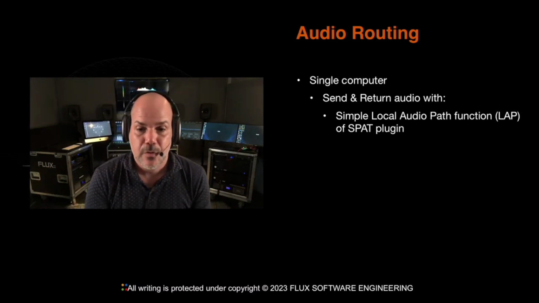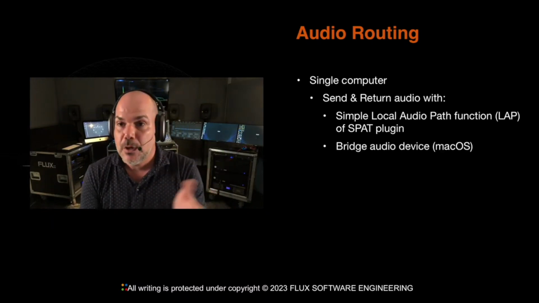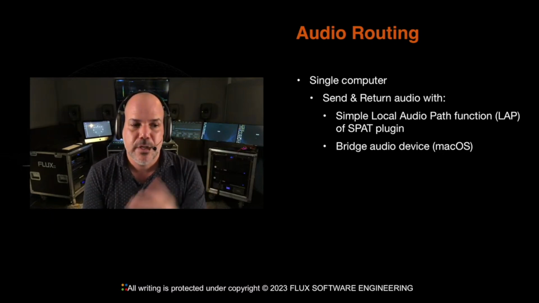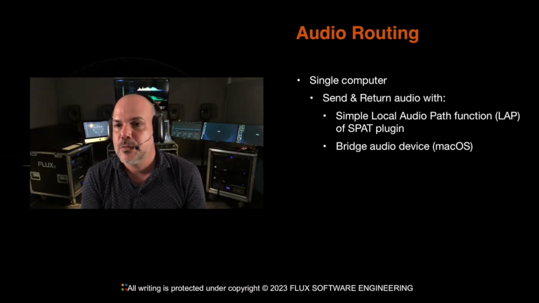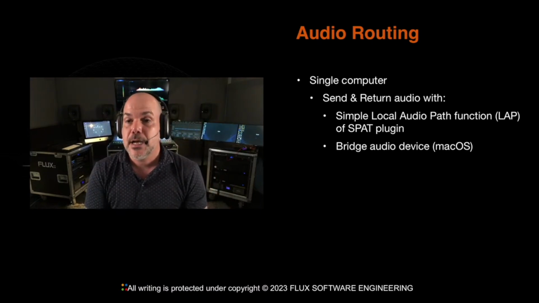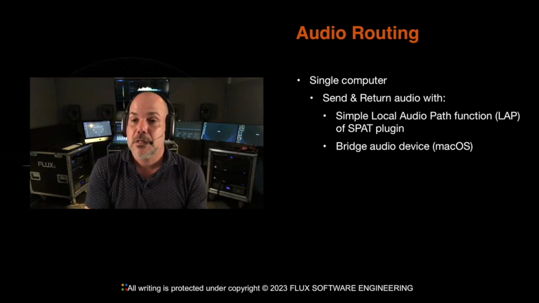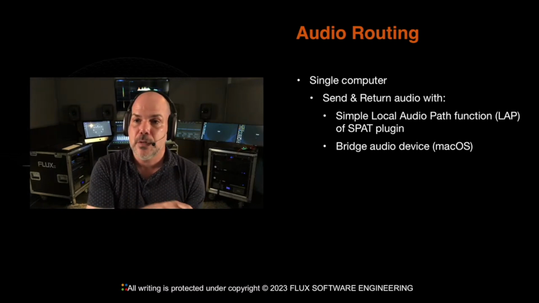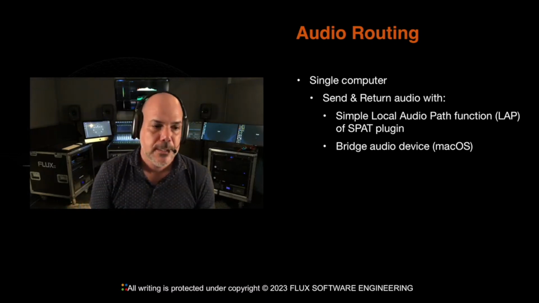That'll be fairly straightforward. But for a big part of today, bridge audio devices. Again, thanks to Pro Tools 2022.9, various audio bridge devices exist now. So we could use those with the Aux IO feature of Pro Tools to actually send audio or return audio.